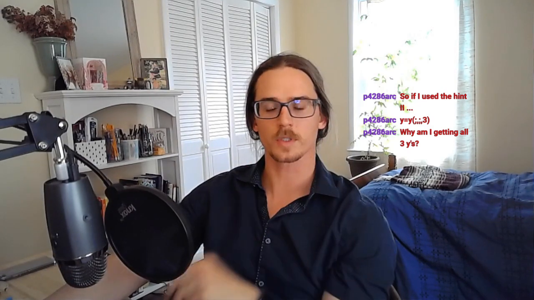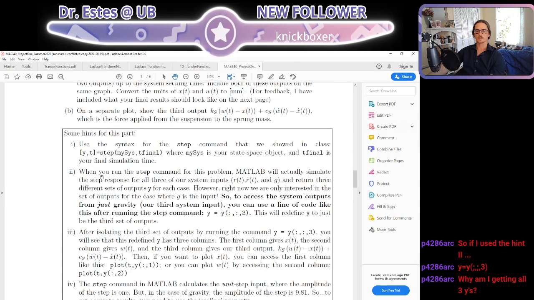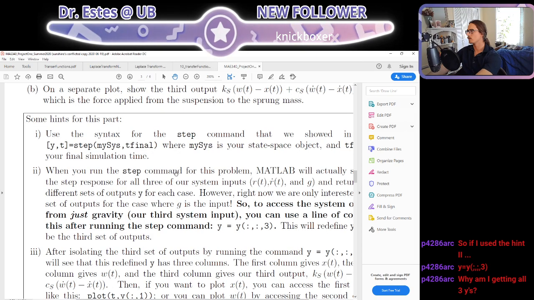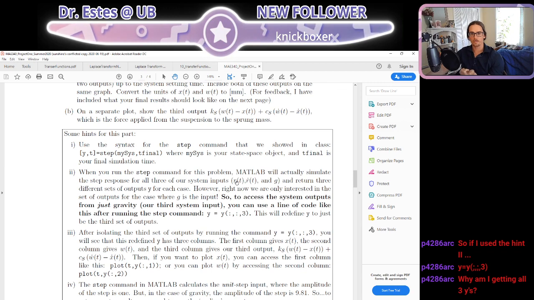Okay, I try to explain that in here. You have 3 outputs, but you also have 3 inputs to this system.